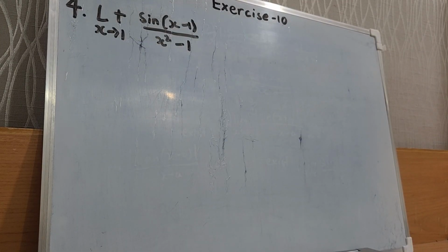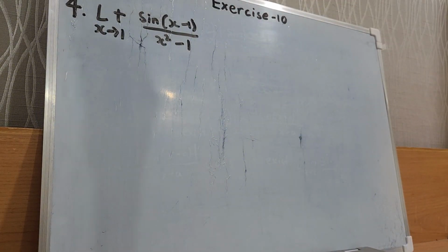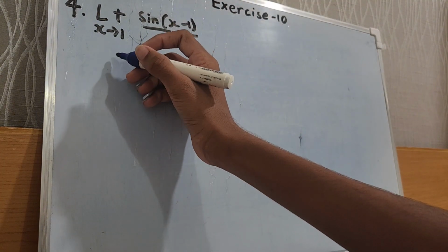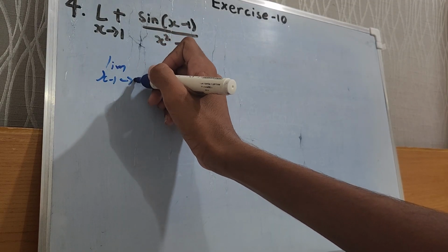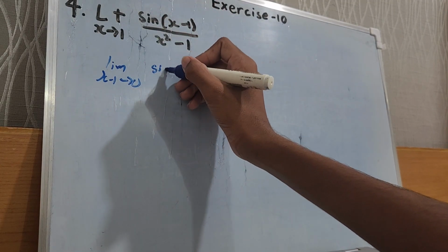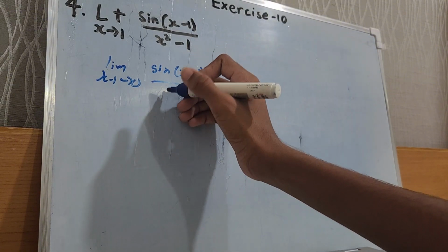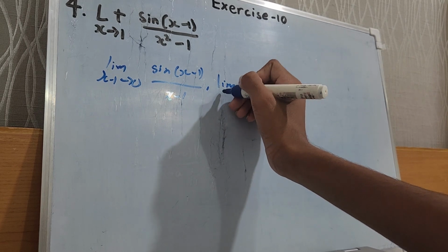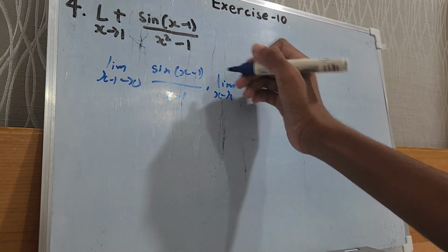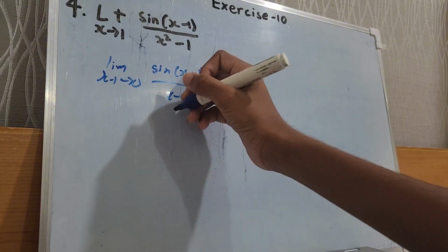Okay, we have the next problem. If you have a grip on the whole set of formulas, I think you have it. You can write limit x minus 1 tends to 0, sine x minus 1 by x minus 1, into limit x tends to 1, 1 by x plus 1, since x square minus 1 is x minus 1 into x plus 1.